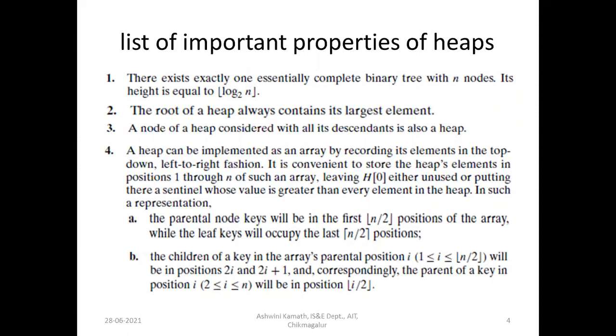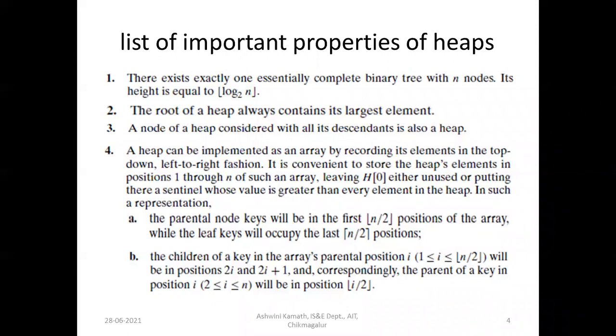For example, the root is in the first position and its children will be in 2 into 1, that is 2, and 2 plus 1, that is 3. So they will be in the second and third positions.